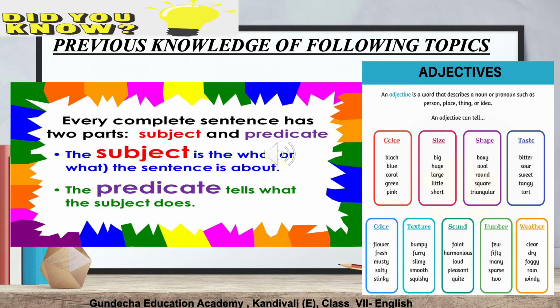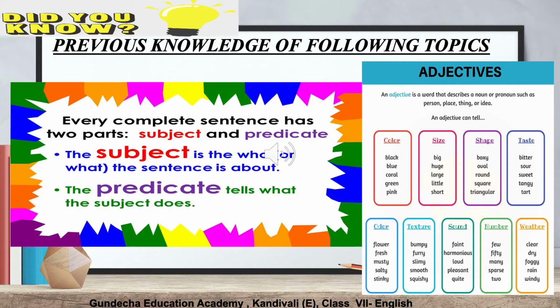Now, in order to know the types of phrases, we also need to know what is an adjective, as today we are going to learn about adjective phrases also. So we all know an adjective is a word that describes a noun or a pronoun such as a person, place, thing or idea.